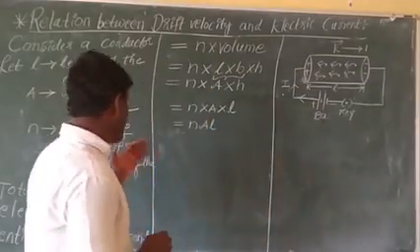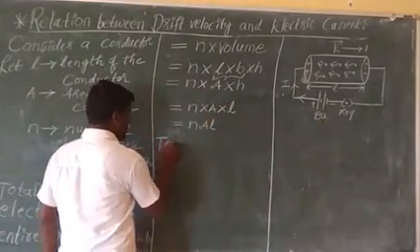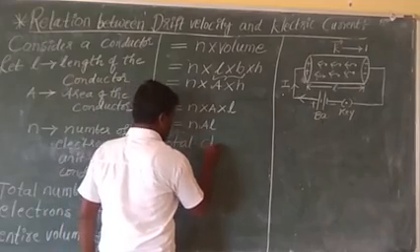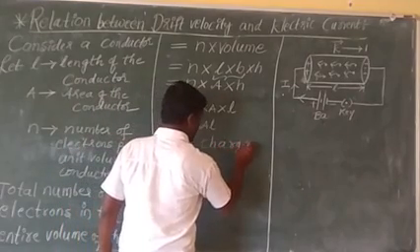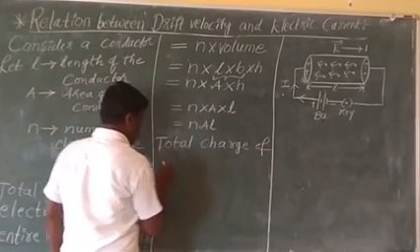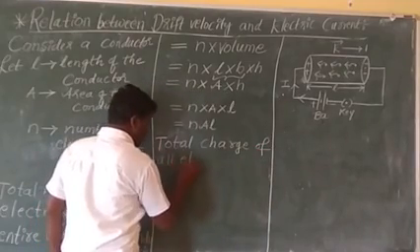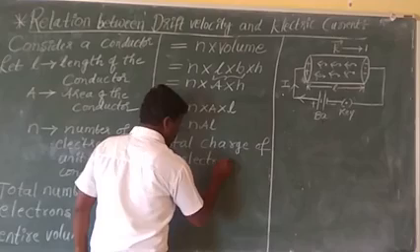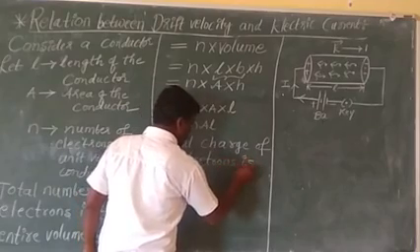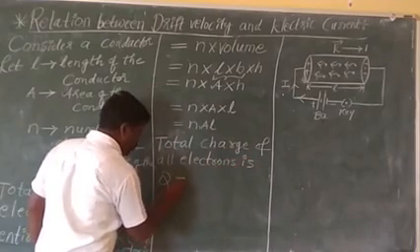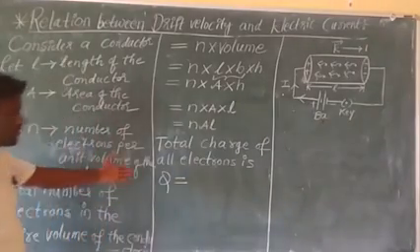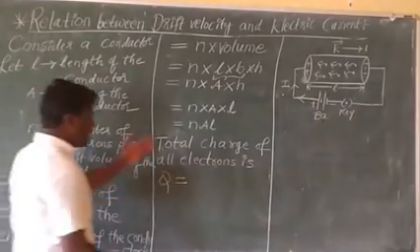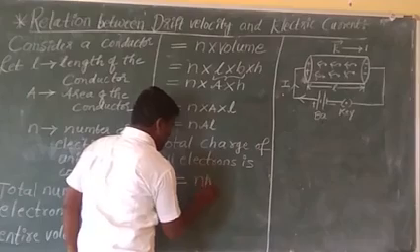So here, the total charge of all electrons is Q equals to how many electrons are there?